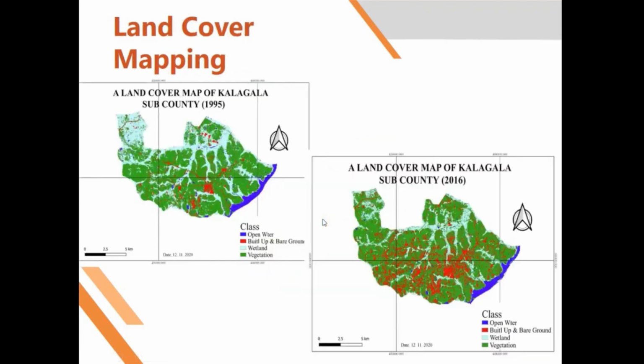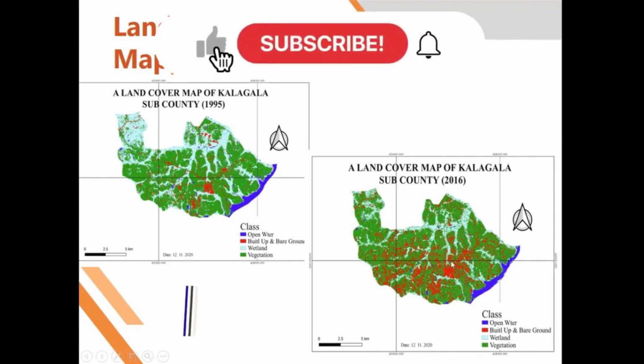And then another application is land cover mapping. So this is a project I also did to compare the change in land cover in 1995 of this sub-county with that of 2016. As you can see, this is water, and from seeing just visually, you see that the urban areas increased more.